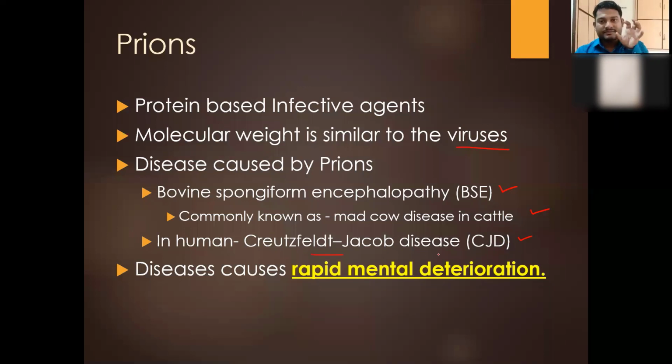Now, one of the major symptoms of this disease is rapid mental deterioration. The memory is lost. So the individual is going to be affected mentally. They will lose the memory. There is going to be rapid mental deterioration if they are infected by these prions.